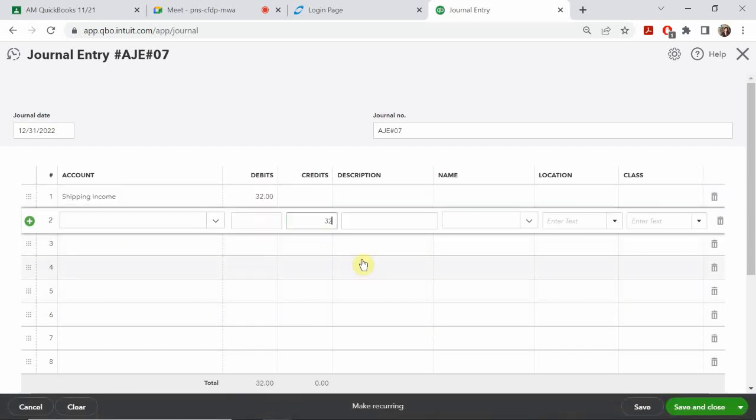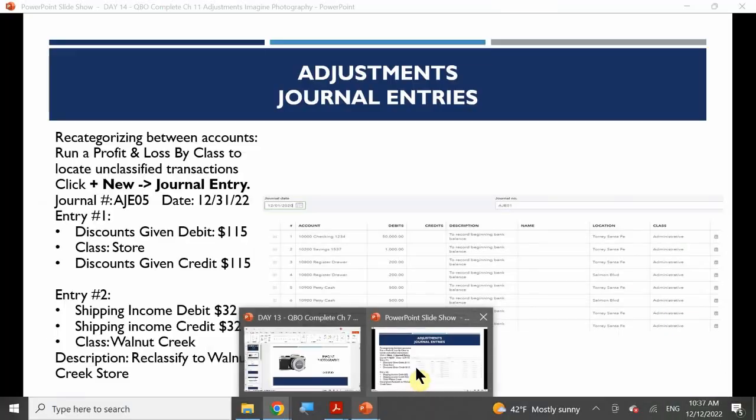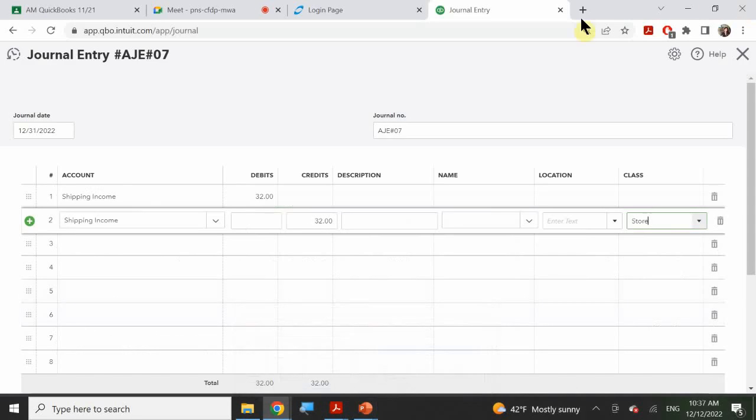And because we're getting rid of it for the debit here, I'm not going to classify it. But because I'm going to recredit it again for that $32, I'm now going to classify this as the store location. And I believe I'm going to put it as Walnut Creek. So store to the Walnut Creek location.